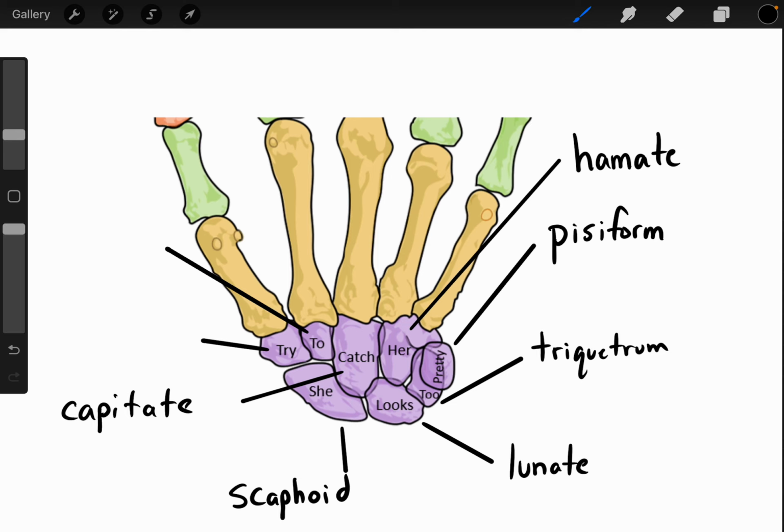The tri is going to be called trapezium. And the two next to it is going to be called trapezoid, like the shape.